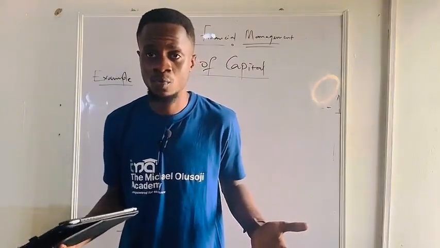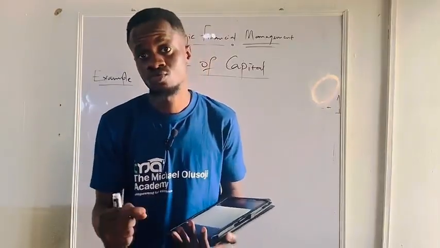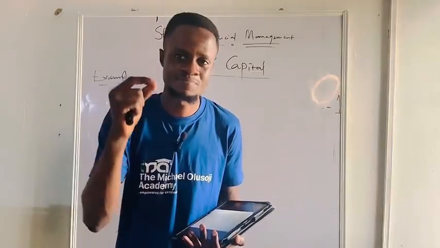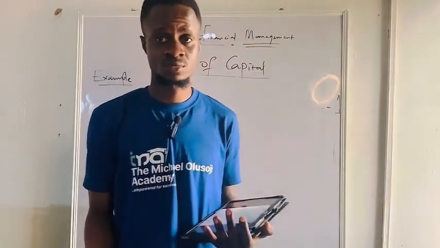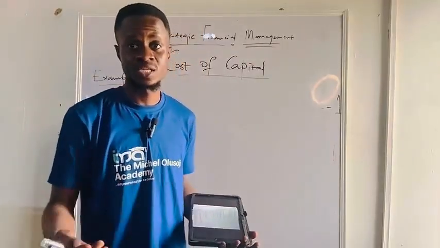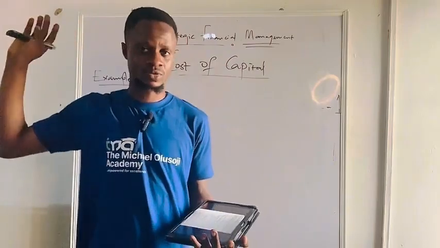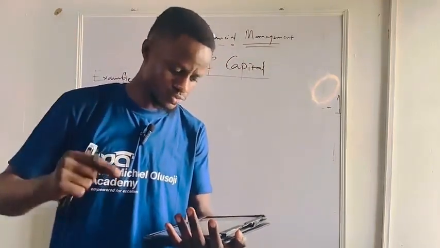Why or how? The reason is because I told you that the question will guide you to know the best method or the most suitable approach to use. So you use dividend valuation method because you are given information regarding dividends paid, or dividend about to be paid, dividend in the last few years, and all of that, right? So that's that. And the question says that we should calculate the growth rate.